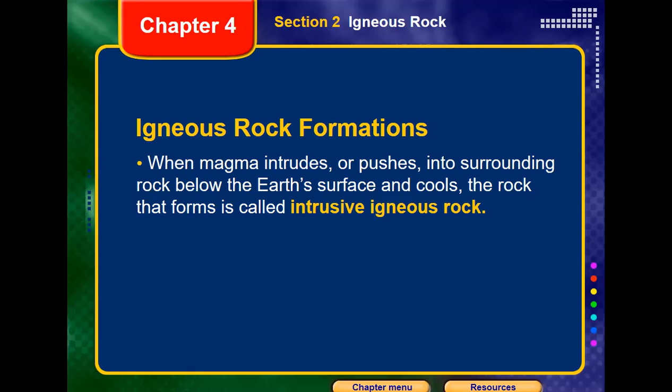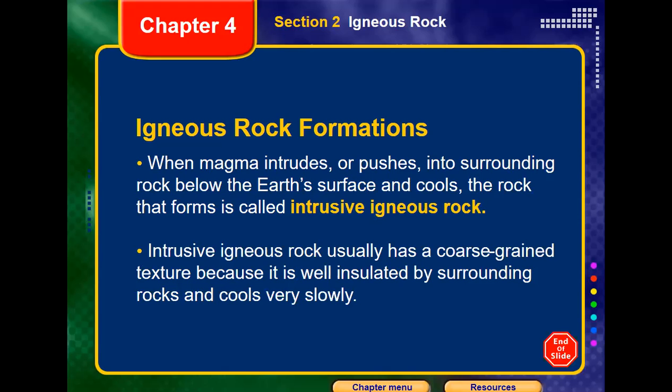Because they cool down underground, there is no huge change or difference in the temperature, so they cool down slowly. That gives enough chance for the grains of the rock, or the crystals, to be large, so they have a coarse, rough texture.